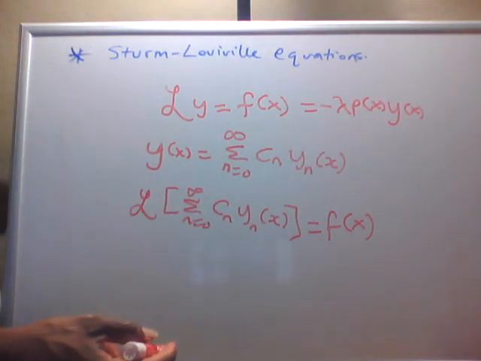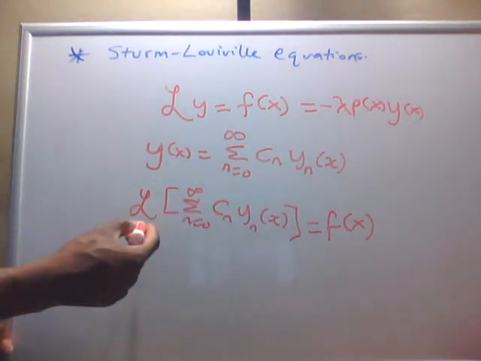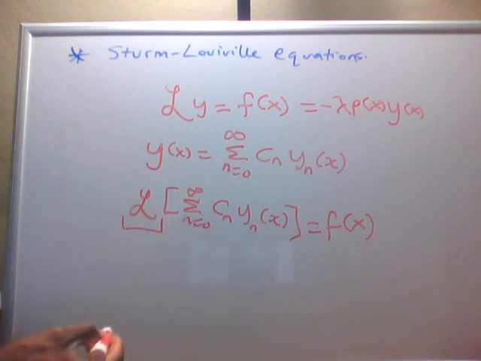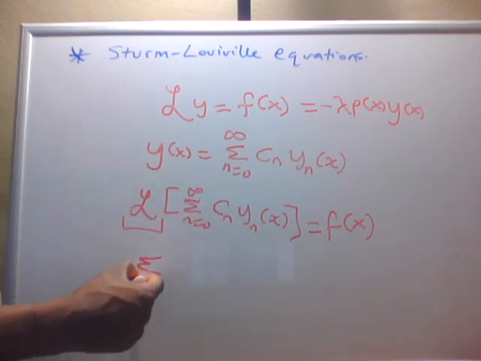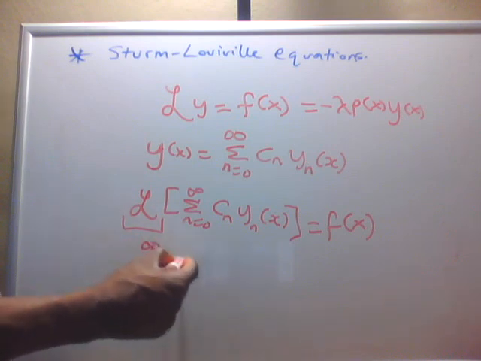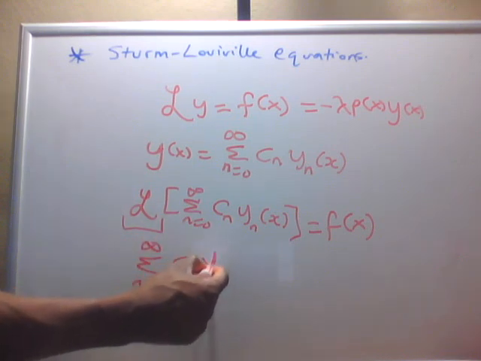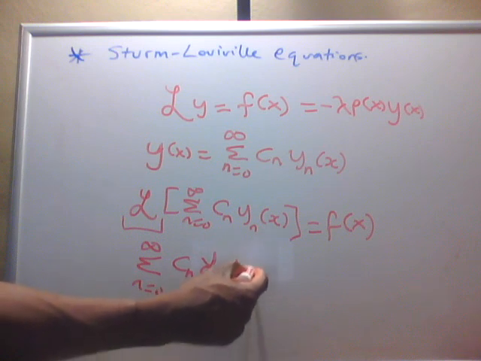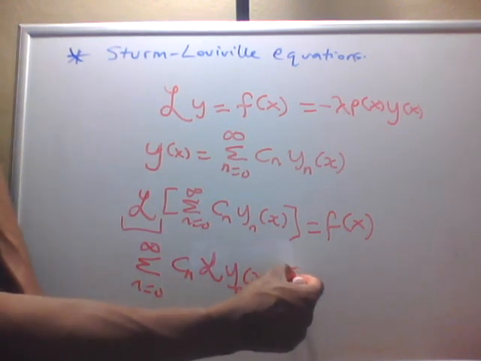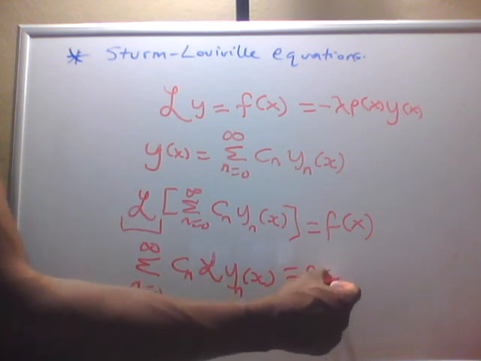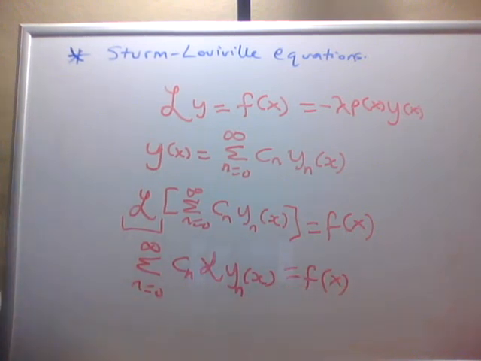I can pull this in because this is a linear differential operator. This is just a sum of functions. So this equals the sum from n equals 0 to infinity of Cn L yn. Some of you can skip through this if you want. It's the final result I want you guys to see.